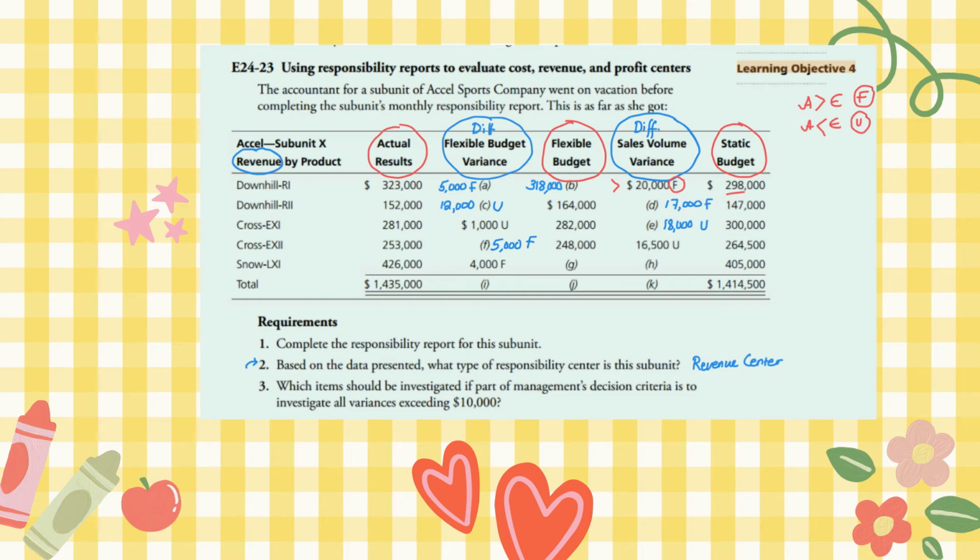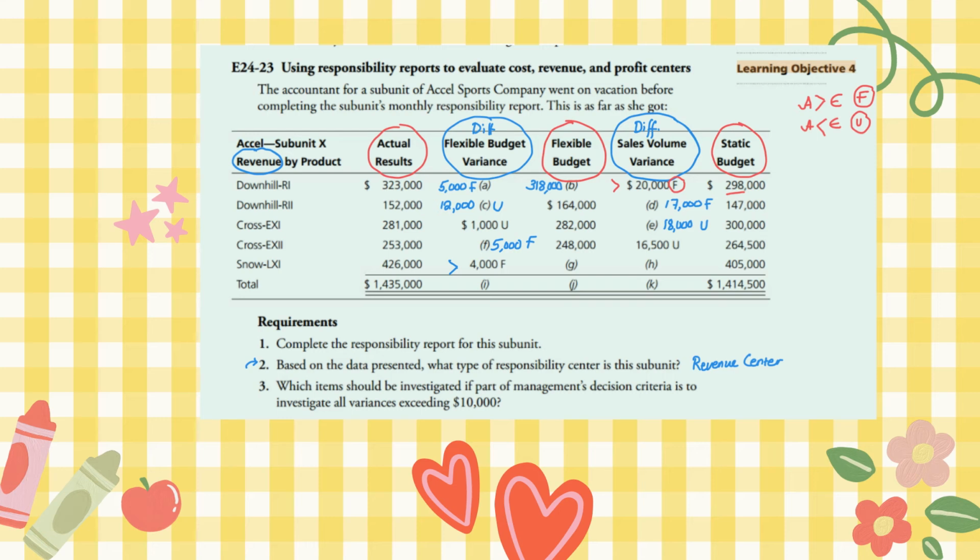Let's go to the fifth row. G. Now, G less 426 equals 4,000 favorable. If it's favorable, it means that the actual was greater than the budgeted, which is G by 4,000. So G was lower than 426 by 4.